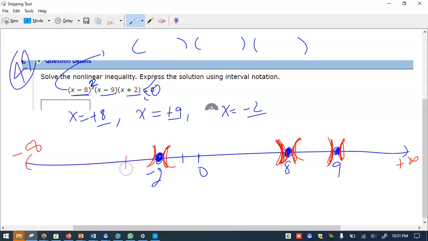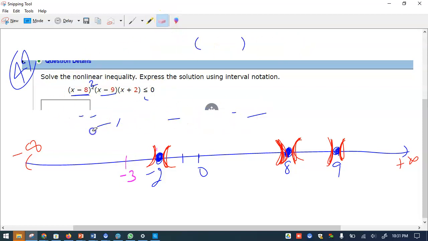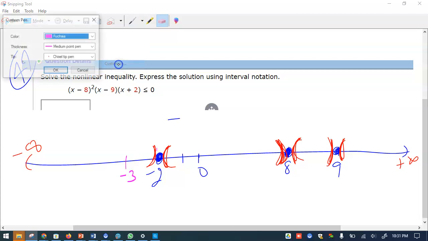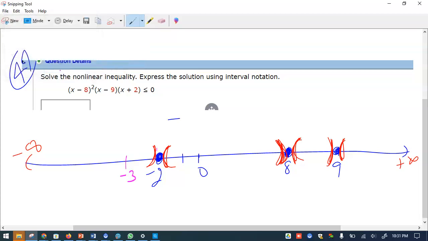If I go to the left of minus 2, which is minus 3, we need to plug it in. I'll take this off because I've already written it on the number line. Let's plug in minus 3 and see. Remember, no matter what you plug in here, there is a square, and a square is always positive.